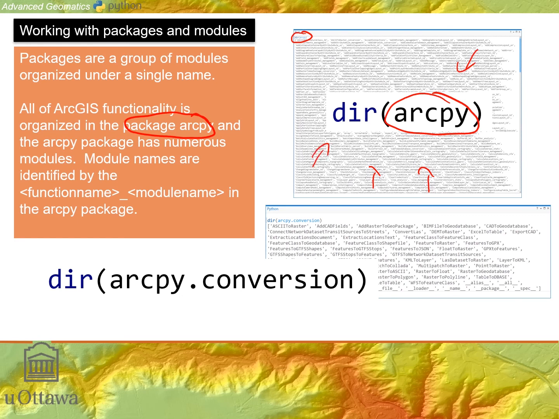For example, ArcPy conversion is one of these. Right there, conversion. So that's the conversion toolbox. ArcPy.conversion means import the functions in the conversion toolbox. And there are then things like ASCII to raster, to take an ASCII file, that's a text file, that's in a particular format, and convert it to an ArcGIS Pro raster.